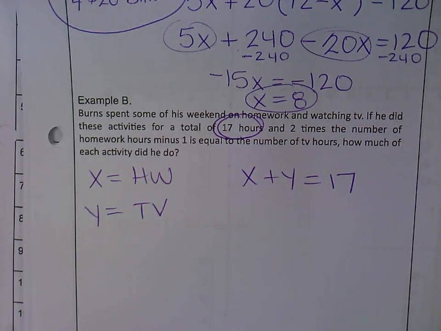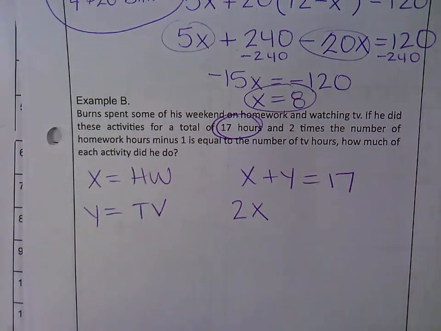Okay, the second equation is going to be, I have to write this out using an equation, but this is just words. This says 2 times the number of homework hours. What is 2 times the number of homework hours? Doesn't that just mean 2x? Right, so don't make it harder than it is. 2x, and then it says the words is equal to.